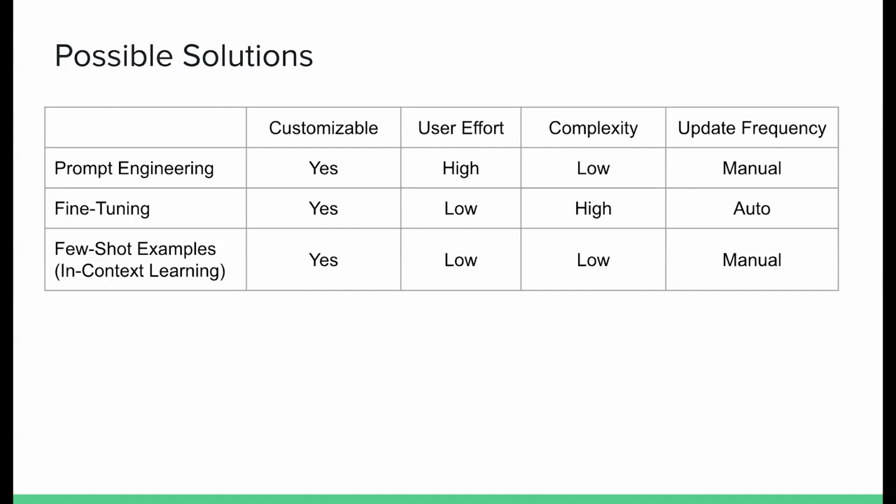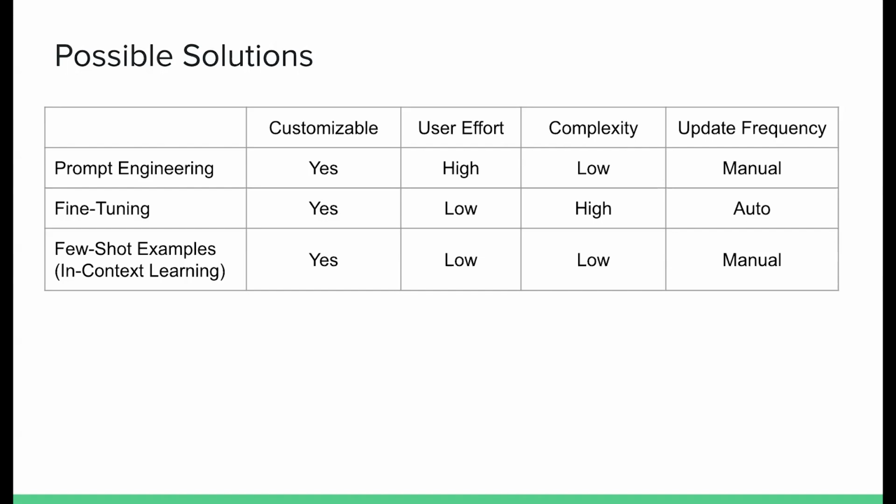Prompt engineering is very high user effort because you have to describe your labeling scheme in detail, which requires a lot of cognitive load, and also has to be updated manually to stay consistent. It can go stale. You have fine tuning, which Predibase obviously makes much, much easier, but it's pretty high complexity, especially if you're talking about organizational level customization. We have end customers, we now need end models potentially. And similarly, you have to have a level of update frequency to it.